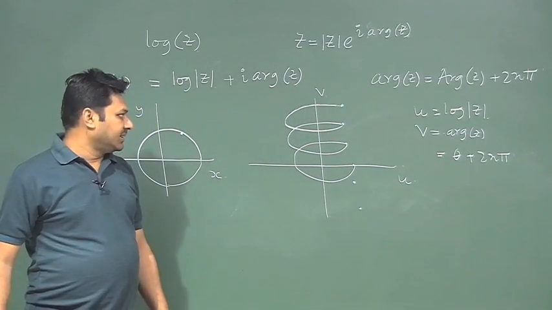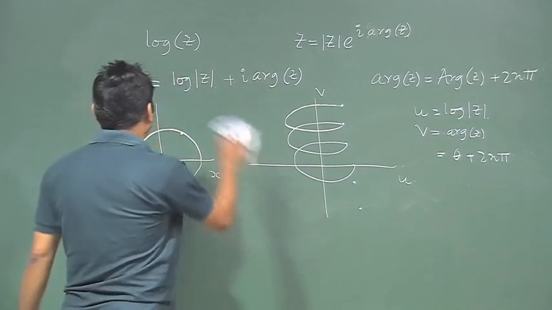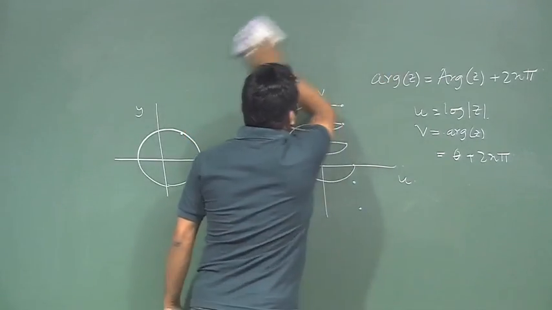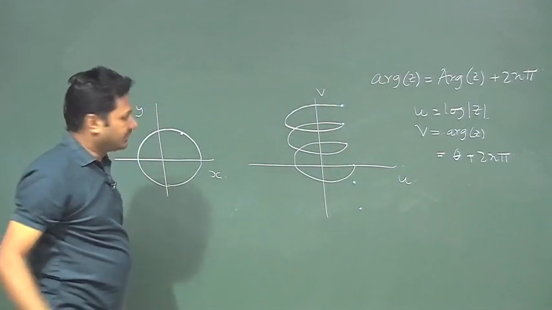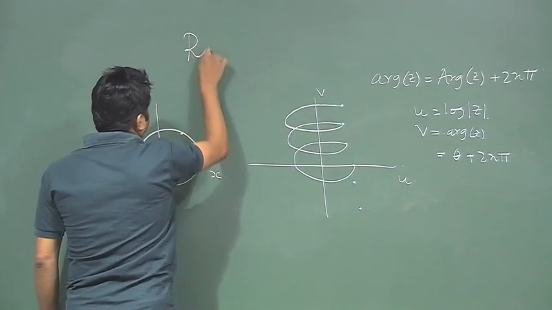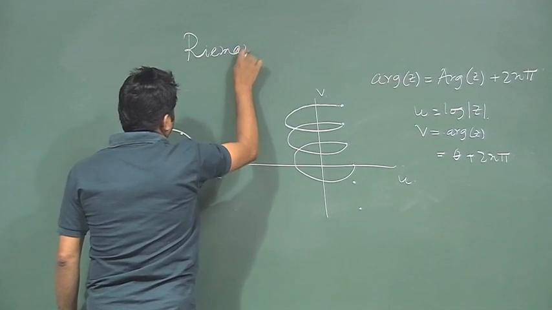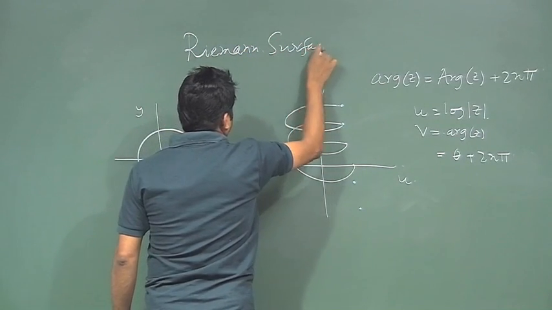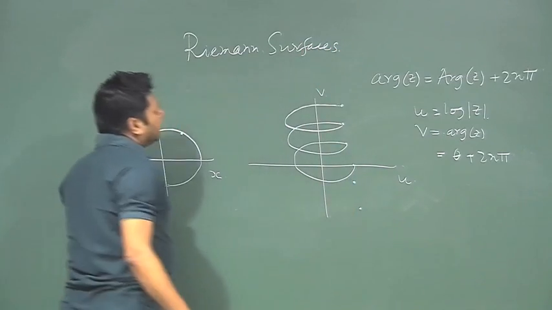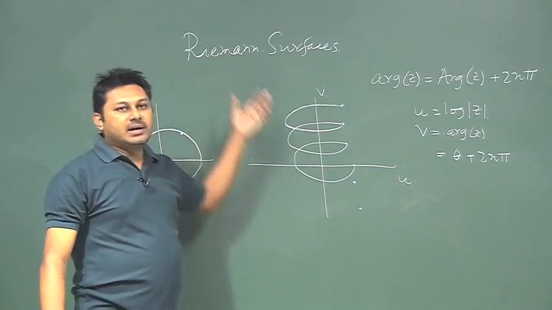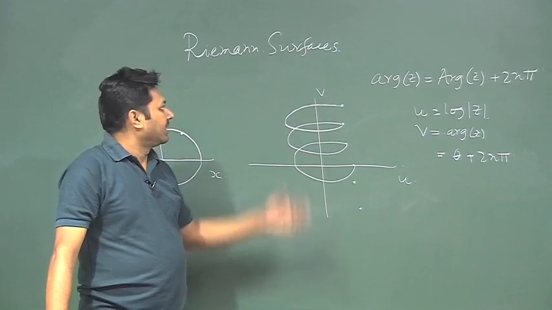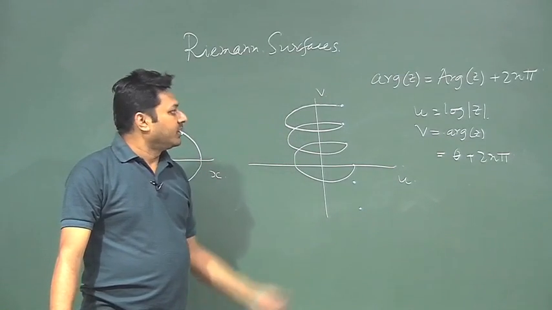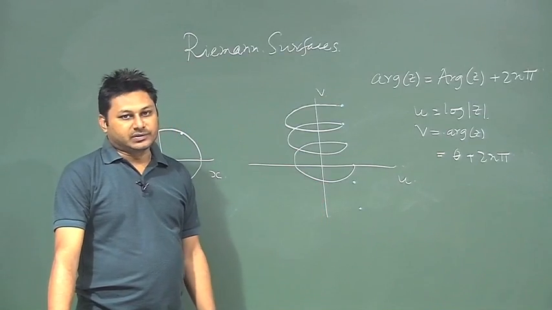I will suggest the students to just look on the internet or in any other books for Riemann surface, and you will find there are ample examples and visualizations of the Riemann surface for different kinds of multivalued functions.